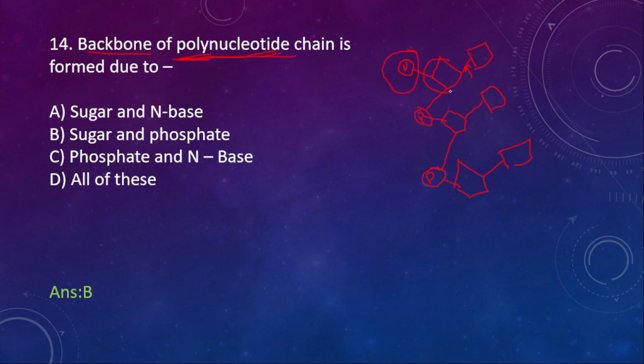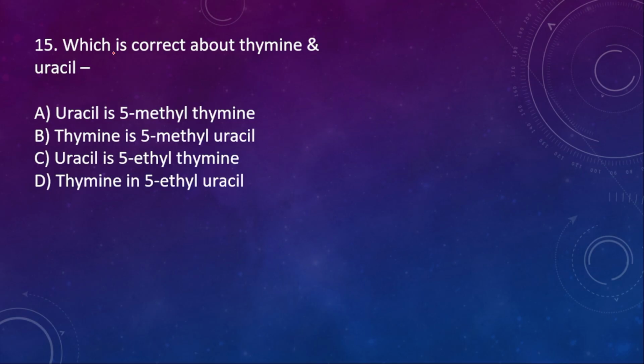Phosphate and sugar, where the nitrogenous bases are inverted. So this is the backbone. If I say the backbone is made up of what? Only phosphate group and pentose sugar. That's why the right option is option B. 15th one, which is correct about thymine and uracil? A. Uracil is 5-methylthymine.